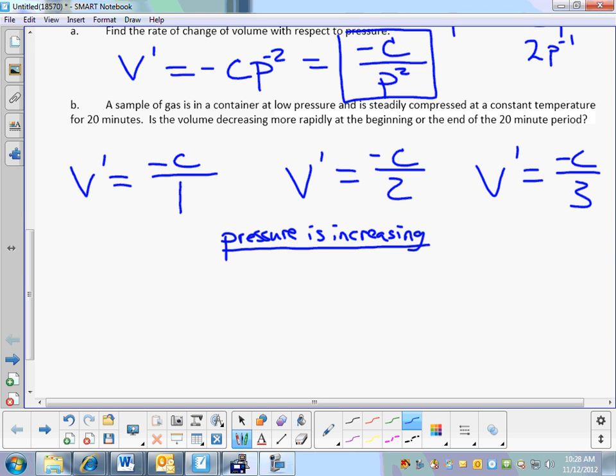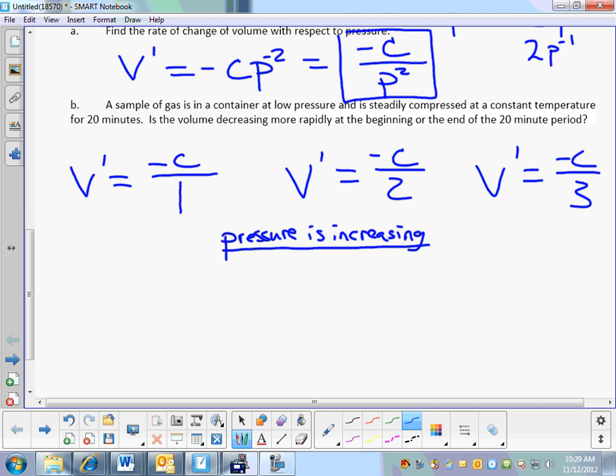Now, think about this. If you take negative C and divide it by 1, and then take negative C and divide it by 2, and take negative C and divide it by 3, what's happening to these results? It's decreasing less rapidly. Okay?